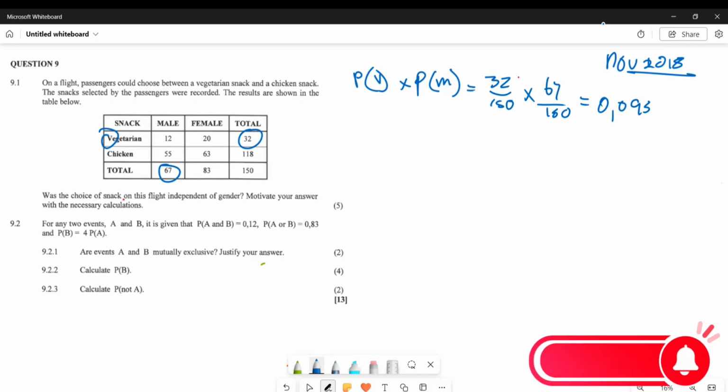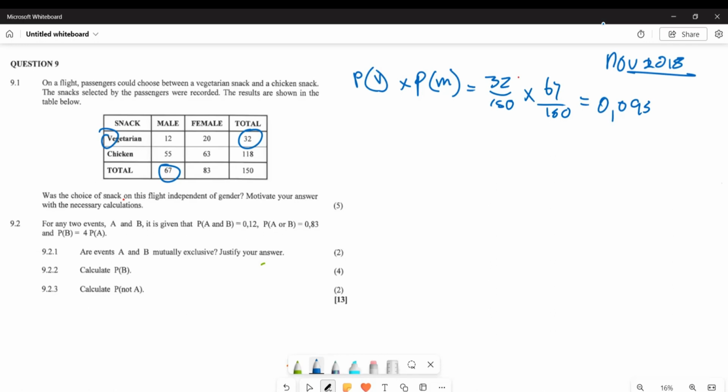So that is the product of the probability of vegetarian and the probability of male. Now we are looking for the probability of vegetarian and male, so we want to check their intersection, whether they are going to be equal.